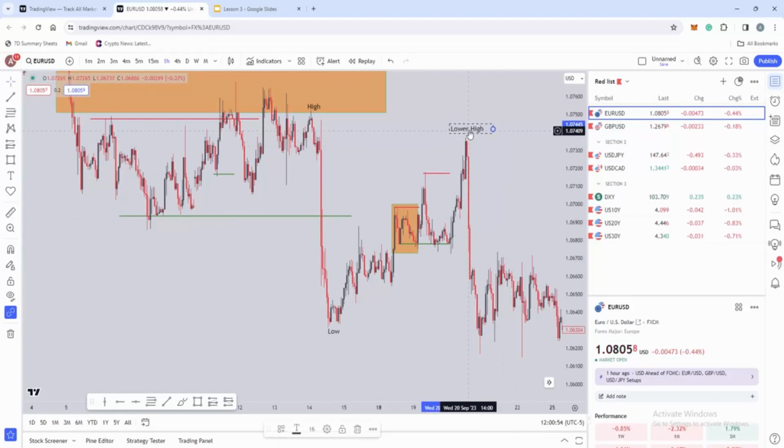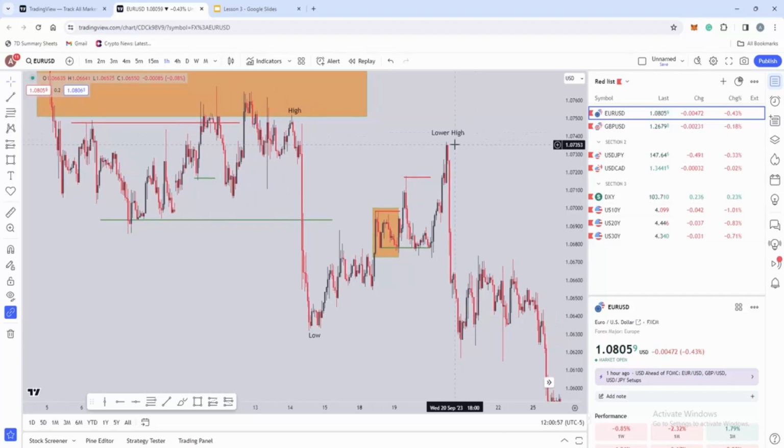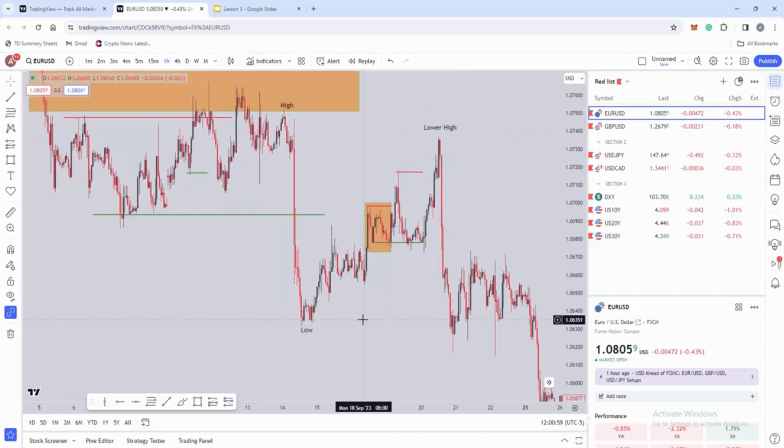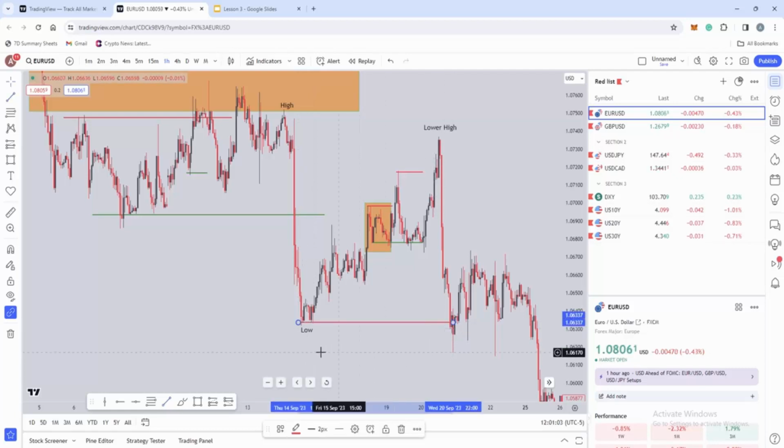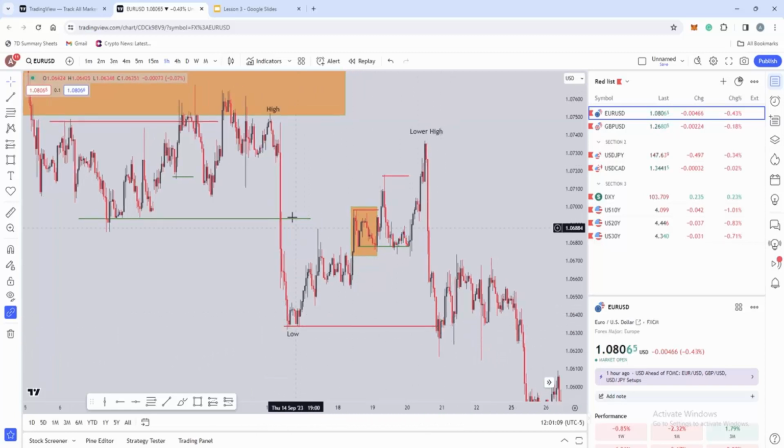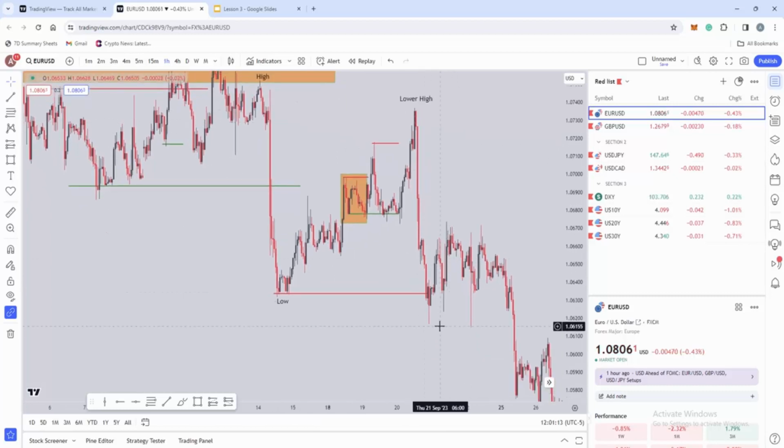So once we see this lower high over here, we can begin to go short, thinking that price is going to make a lower low than it did the time before, because this is the low. So price will go from high to low to create a lower high, to making a lower low. And here we have it, a lower low.